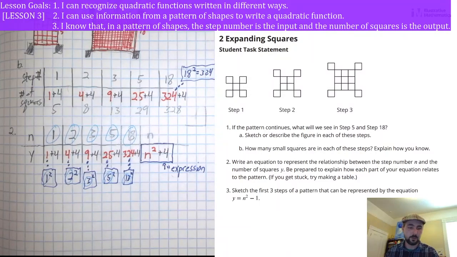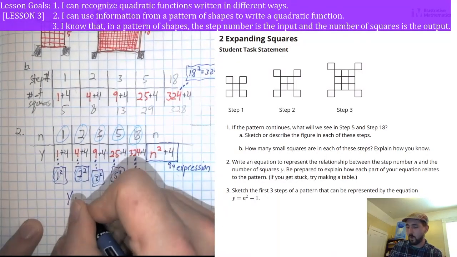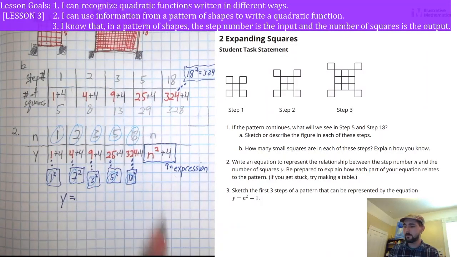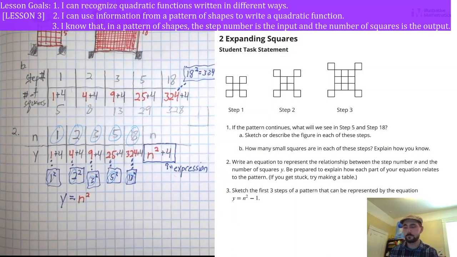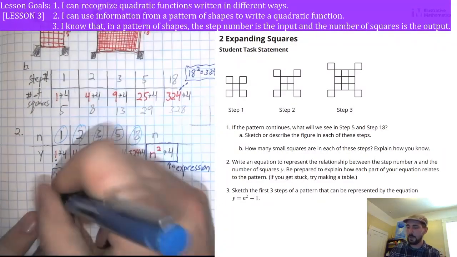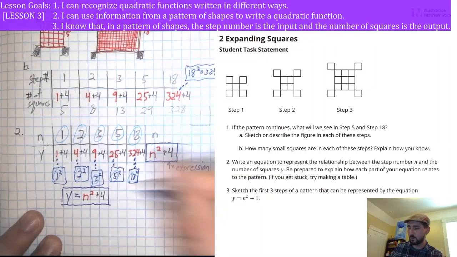So the answer to number 2, the actual answer is going to say, let's do it like this, y equals n squared plus 4. And that is our formula, or our equation.